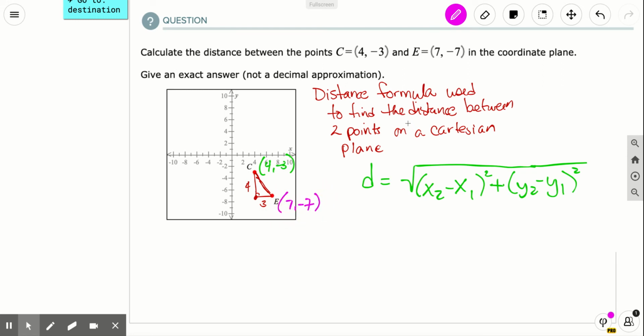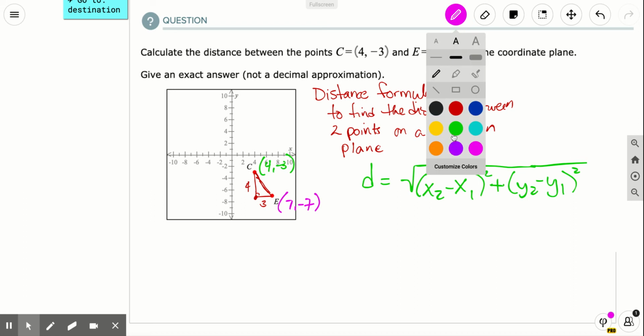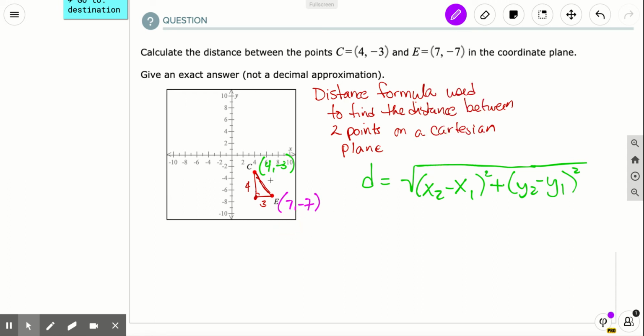Okay, so what we're going to do is we're going to plug these 2 points into the distance formula. So we're going to call this one x1, y1. Basically, you guys, the only thing that x1 and y1 mean, it means the x and the y of the first point. We'll call this one x2, y2.